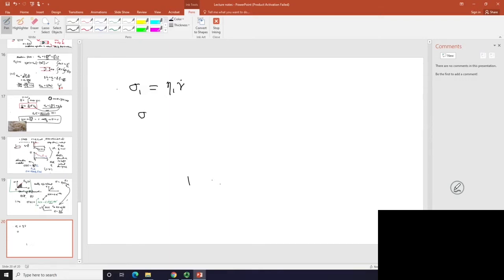Now let's figure out what happened to the elastic part of my material. We know that elastic thing has a stress of G times the strain.